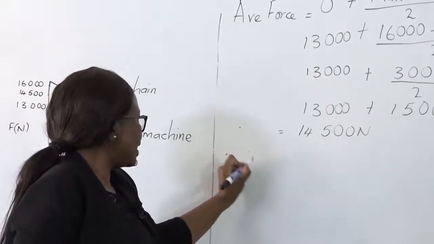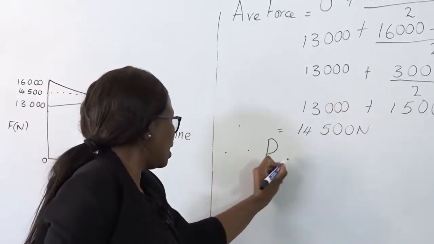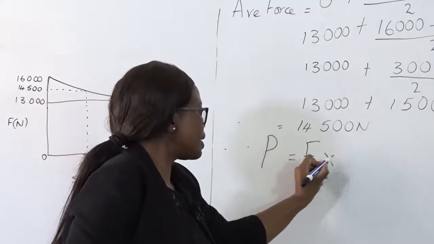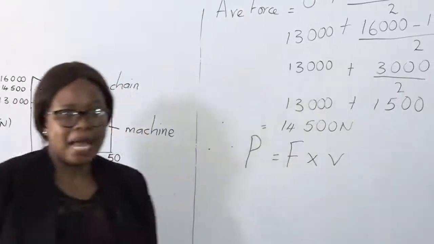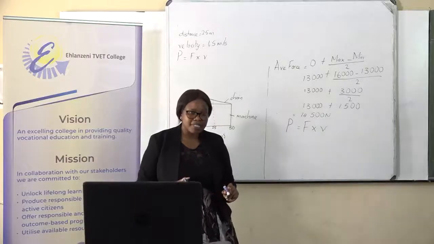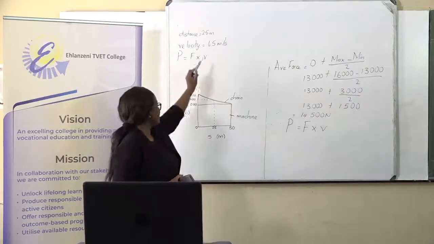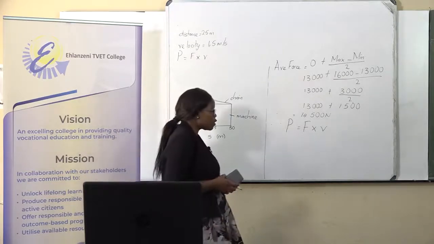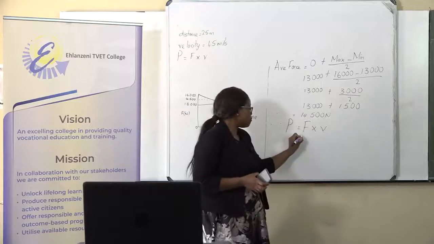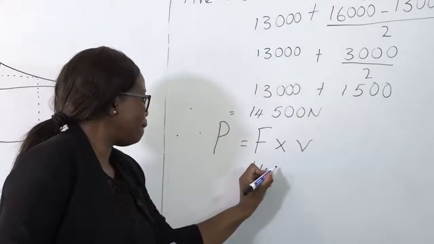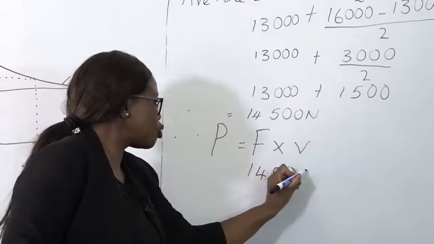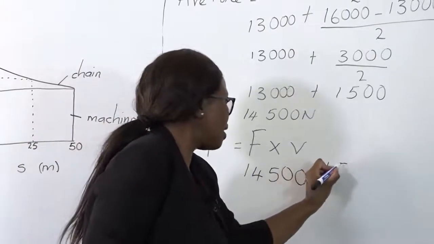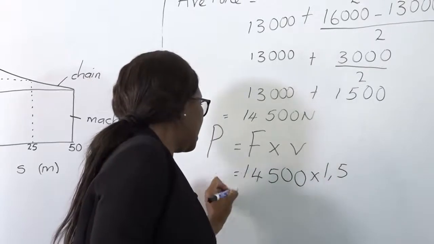Therefore, we are saying that power is equal to force times velocity. Now we have our force and we are given the velocity, which is 1,5. So our force here is 14,500 times 1,5.